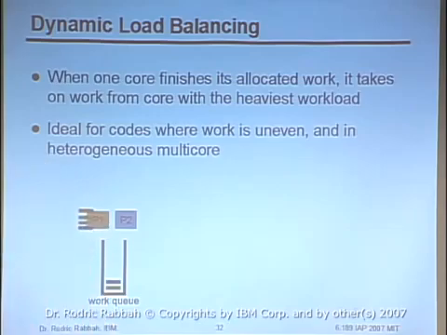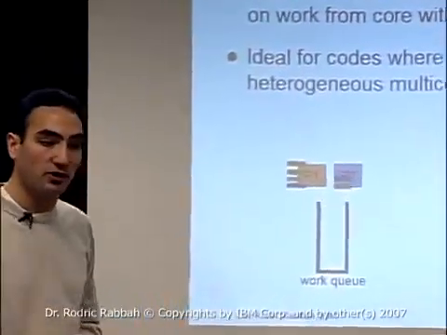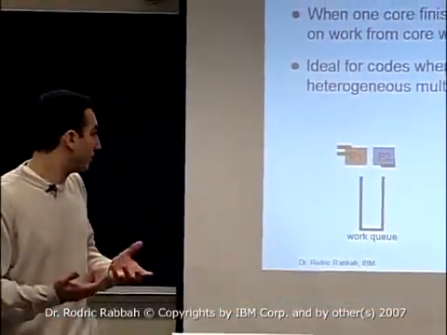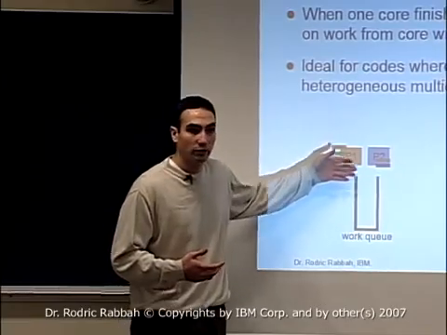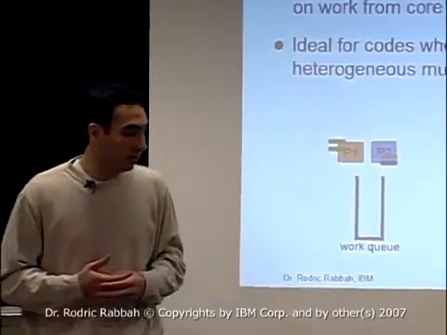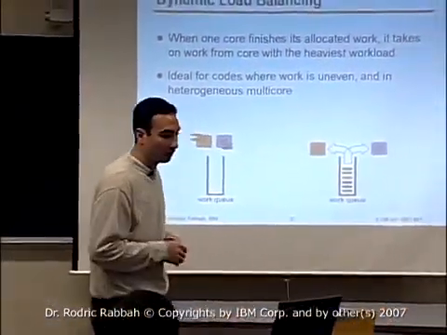So I have some work going to processor 1, and some work going to processor 2. But then as processor 2 executes and completes its work faster than processor 1, it takes on some of the additional work from processor 1. So the work that was here is now shifted. And so you can keep helping out your other processors to compute things faster.